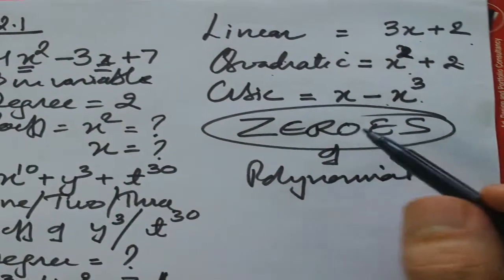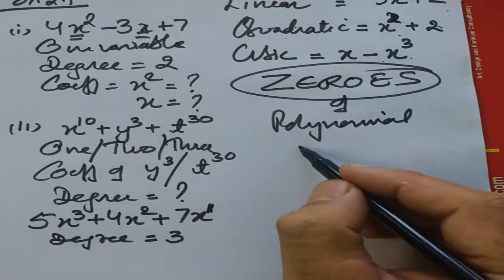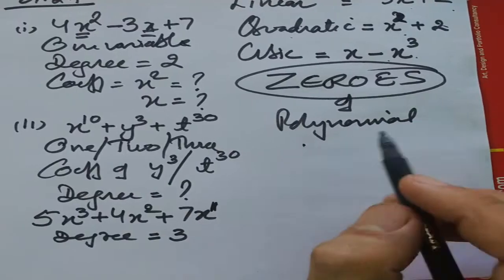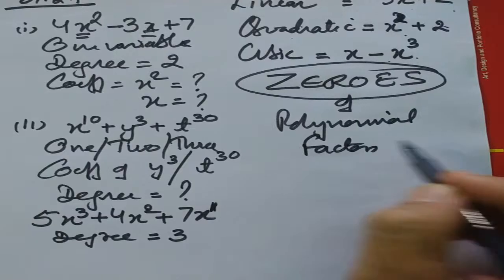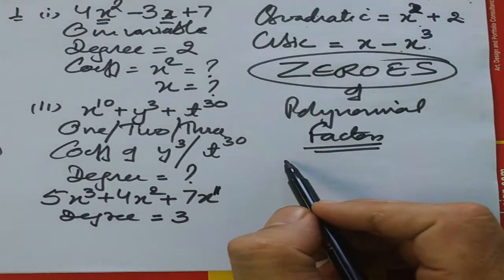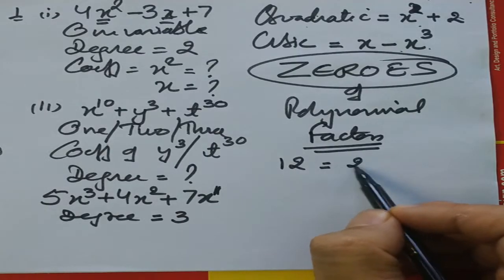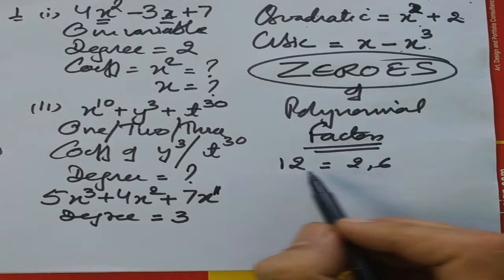Zeros of a polynomial is a term which simply means the factors. In simple words, we don't say factors here, but we say zeros. Like if I ask what the factors of 12 are, the factors of 12 are 2 and 6, say. So why is 2 a factor of 12?